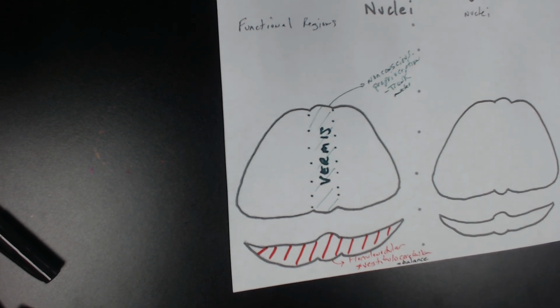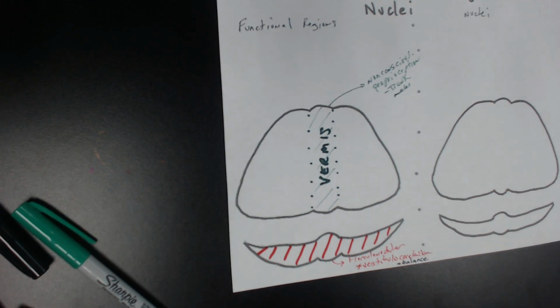The vermis is responsible for receiving information about non-conscious proprioception. That means knowing where your trunk is in three-dimensional space without even thinking about it. It's constantly receiving that information, and that's received by the area of the cerebellum known as the vermis.